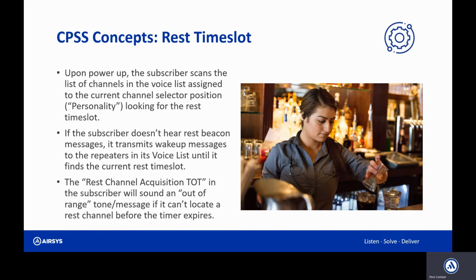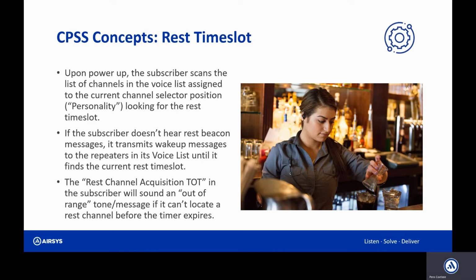So every 2 seconds, the rest channel will broadcast a beacon message, and the subscriber radio listens out for this beacon. And as soon as it receives the beacon, it will then sit idle on the rest channel, and it will be ready to be used on the system.